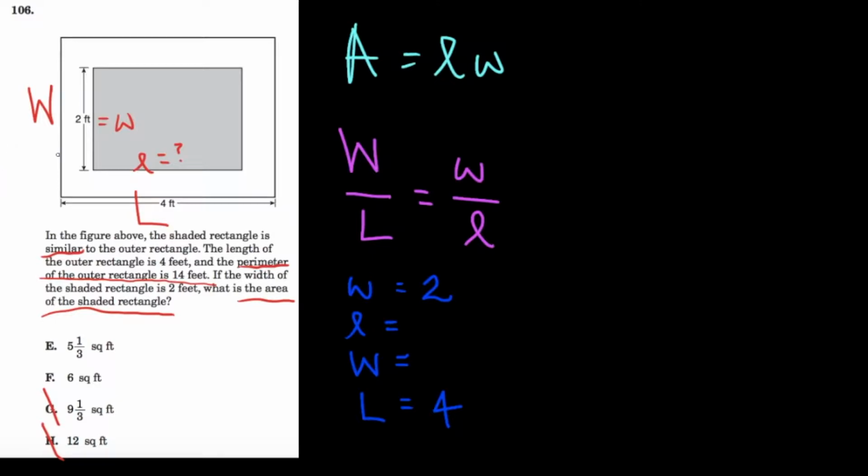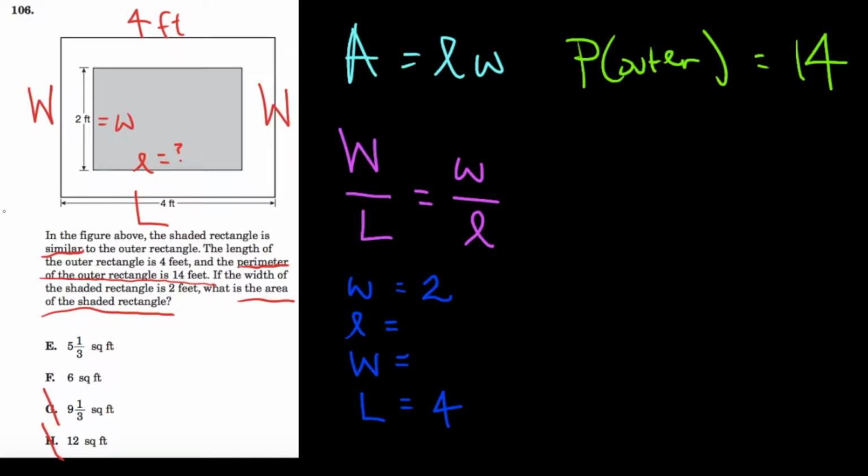So let's use this information that the perimeter of the outer rectangle is 14. And let's think about what makes up that perimeter. We have 2 side lengths of big W and 2 side lengths of 4 feet.